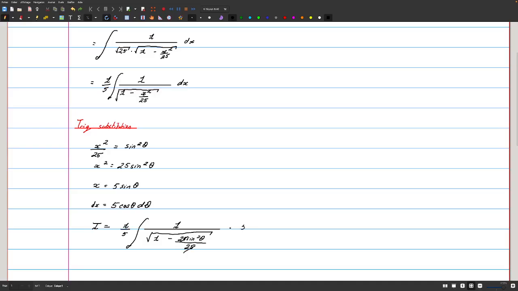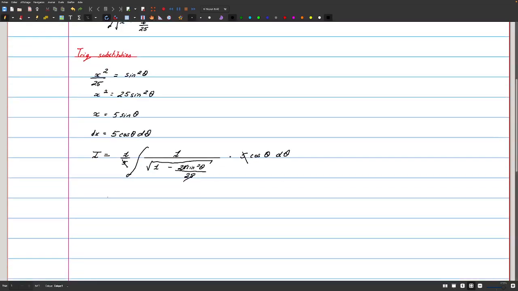And then we have 5 cosine theta d theta, right? We have another constant here, which is going to simplify with the one over here, leaving us with the integral of cosine theta over the root of 1 minus sine squared theta d theta.